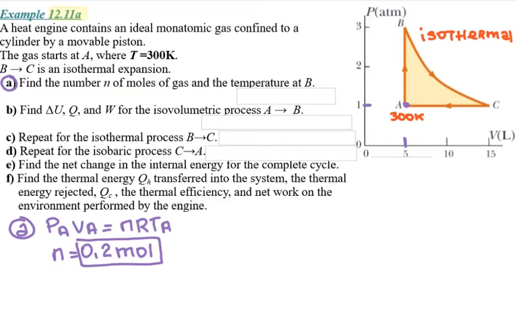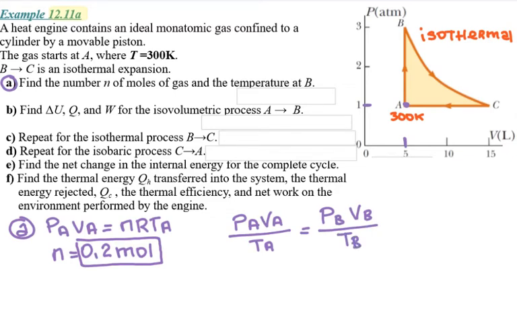Then I can use the same trick, or the ideal gas equation, where I can have PA VA divided by TA is equal to PB VB divided by TB.